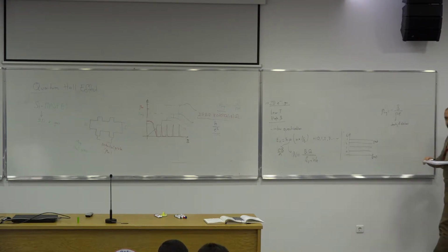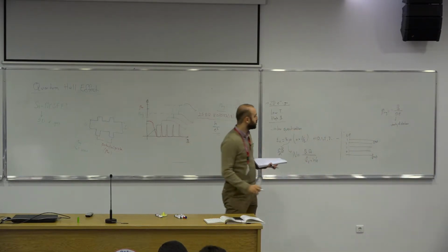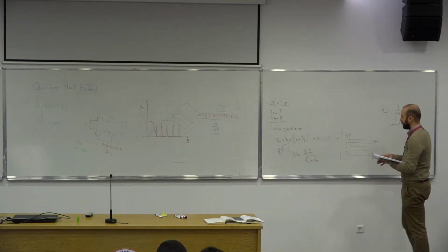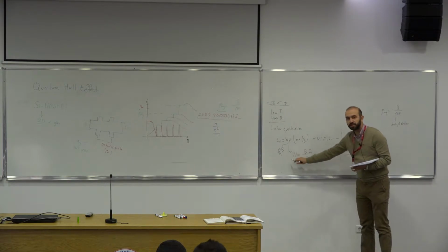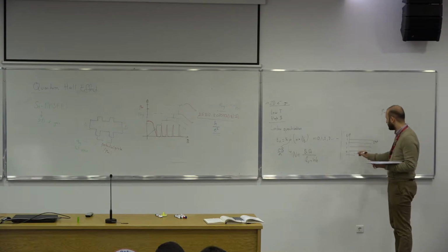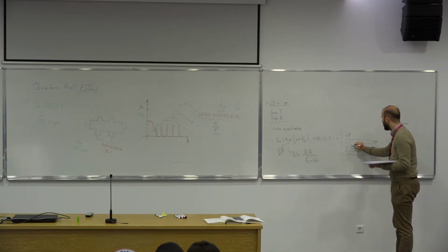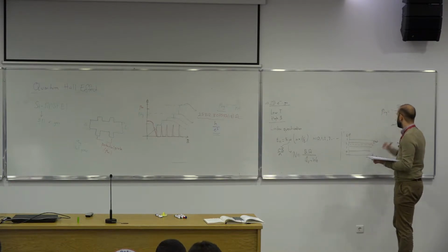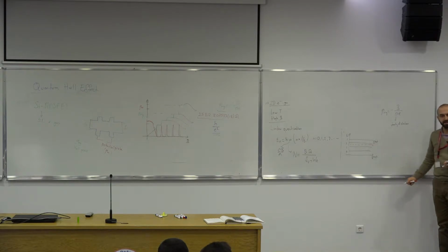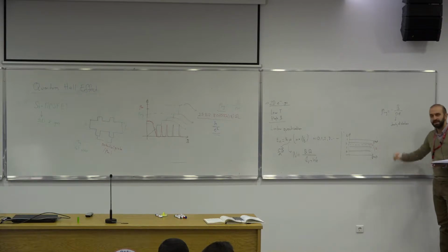And I know that when I have this strong quantization condition, the density of electrons will be determined by the density of electrons in each Landau level times the filling factor, which gives me how many Landau levels are filled. So my filling factor, that's defined as nu, gives me how many of the Landau levels are filled. So for this case, for instance, I have 2 Landau levels filled.